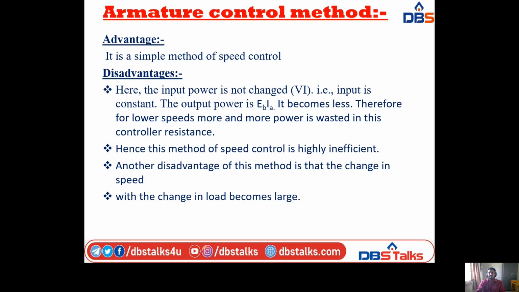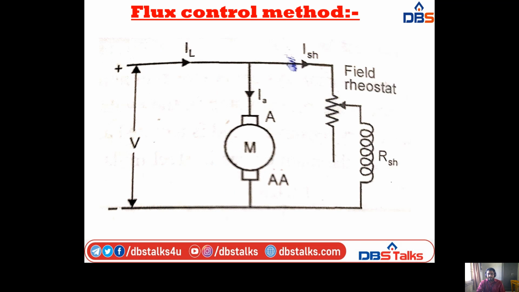Next, coming to the next method, that is the flux control method. If you observe this diagram, I am taking a motor. It consists of both armature and field winding, but here the armature winding is connected in parallel to the field winding. The field rheostat RSH is connected in series with the shunt field winding.